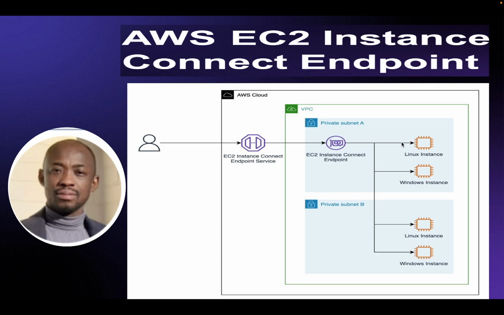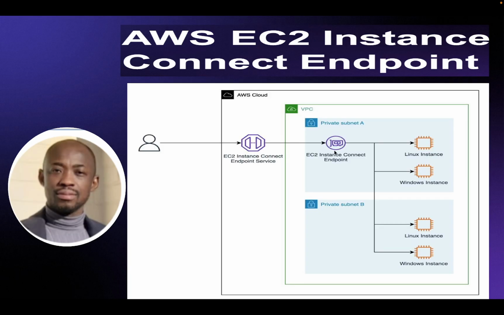To that end, we are going to create an EC2 Instance Connect endpoint. That endpoint will create an ENI, Elastic Network Interface, in our private subnet, and a secure connection will be established to our EC2 instance.